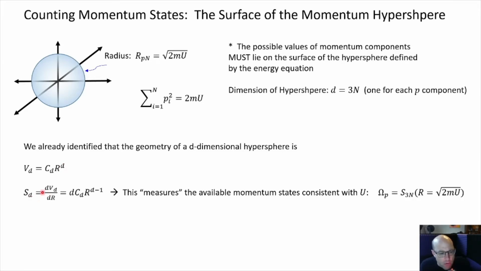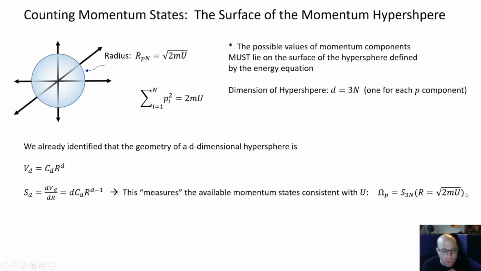And then the surface area would just be the derivative of that function with respect to the radius: d c sub d r to the d minus 1. This surface area measures the available momentum states consistent with the given energy. In other words, the multiplicity of this momentum part is the surface area of the 3N dimensional hypersphere with a radius equal to the square root of 2mU.